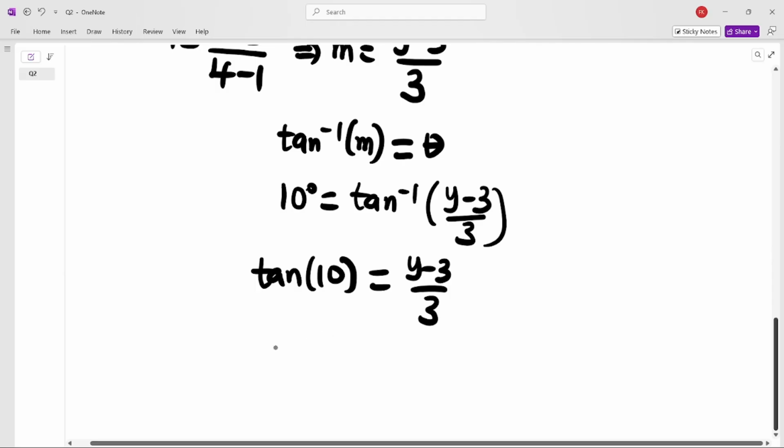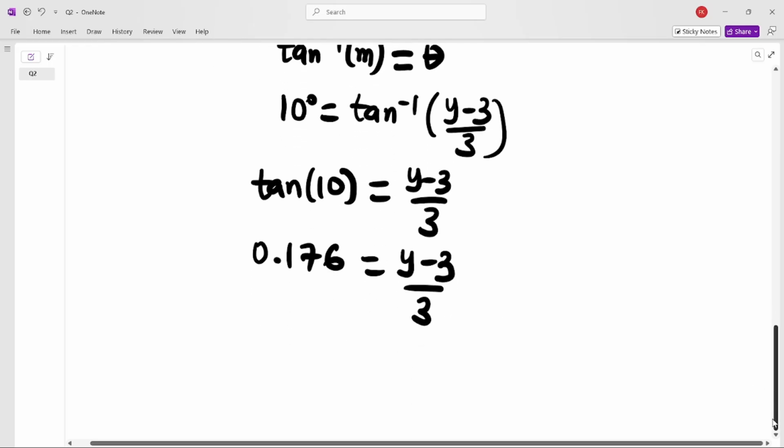Then our tan 10 is 0.176, is equal to y minus 3 over 3. Then we take the 0.176 over 1, then we cross multiply.